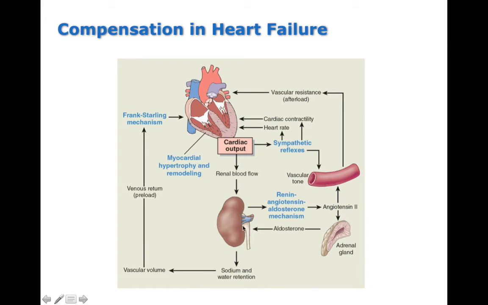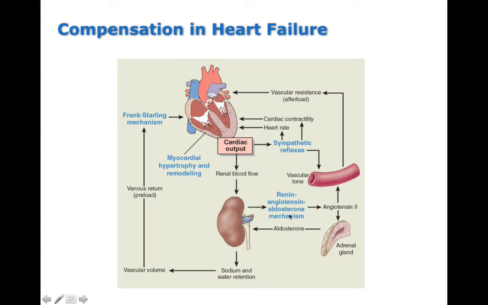Now, the kidneys play a role, again, in the sense that if you have a decrease in blood flow to the kidneys, they're not going to filter as much. And we talked about how when there's a lower glomerular filtration rate, the cells of your kidney release this hormone called renin, and that's going to activate this RAAS, the renin-angiotensin-aldosterone mechanism.